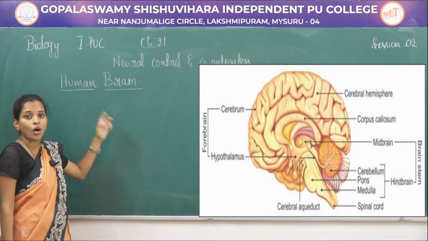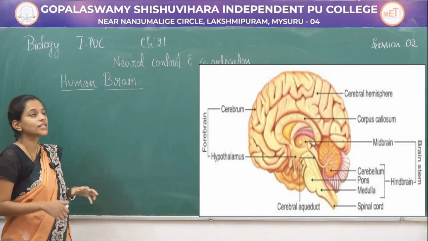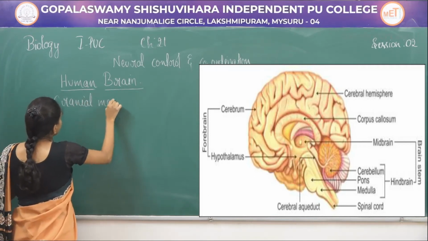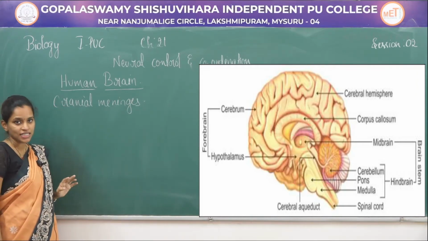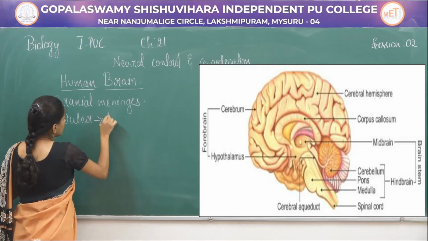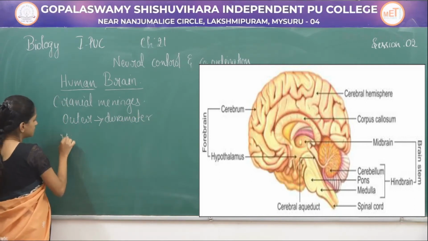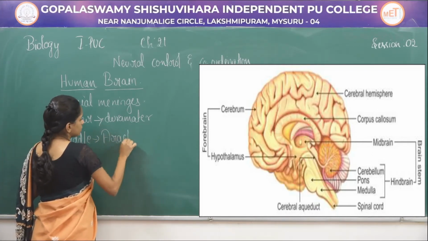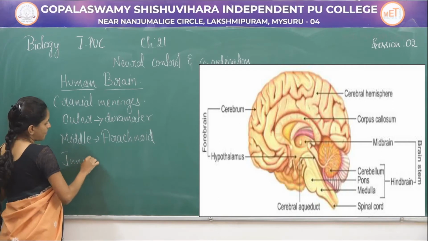This skull forms the outer layer within which the brain is present, but it is also covered with a layer of cranial meninges, which are divided into 3 different regions, forming the outer dura mater, middle arachnoid, and the inner pia mater.